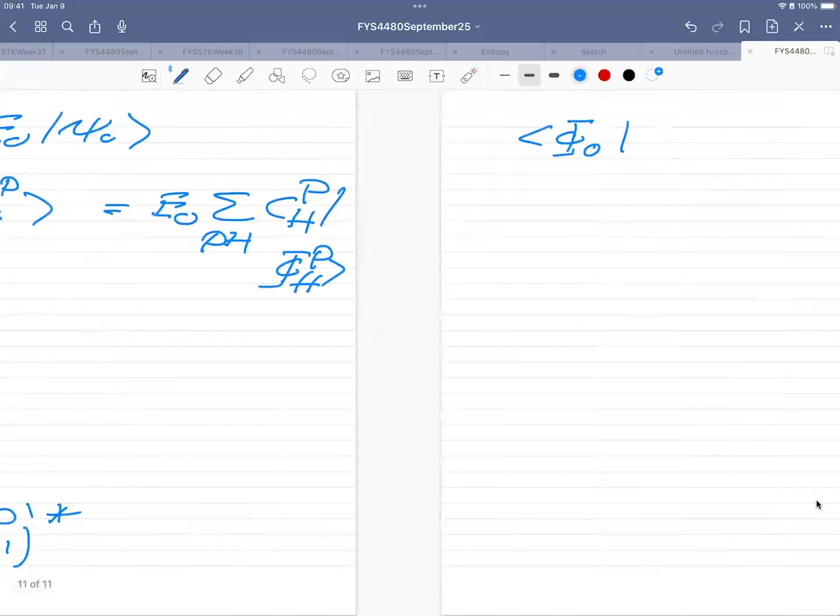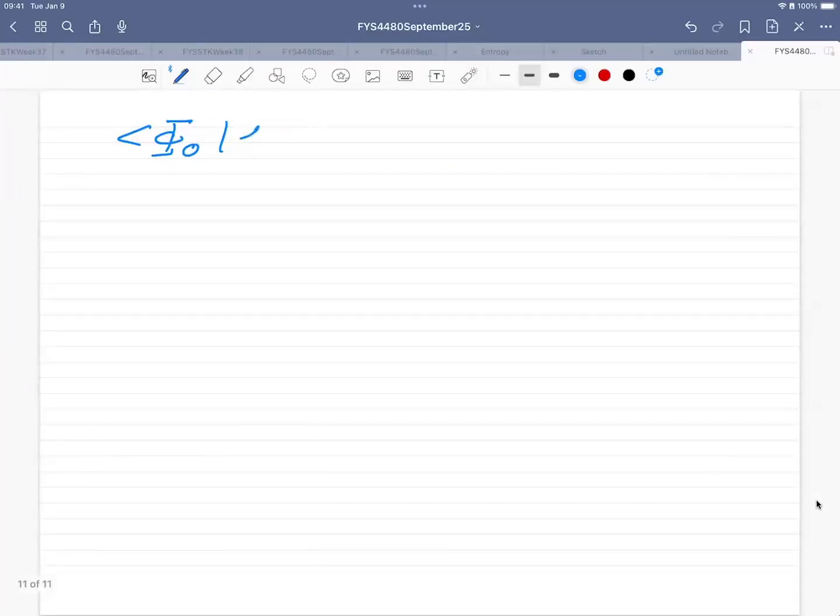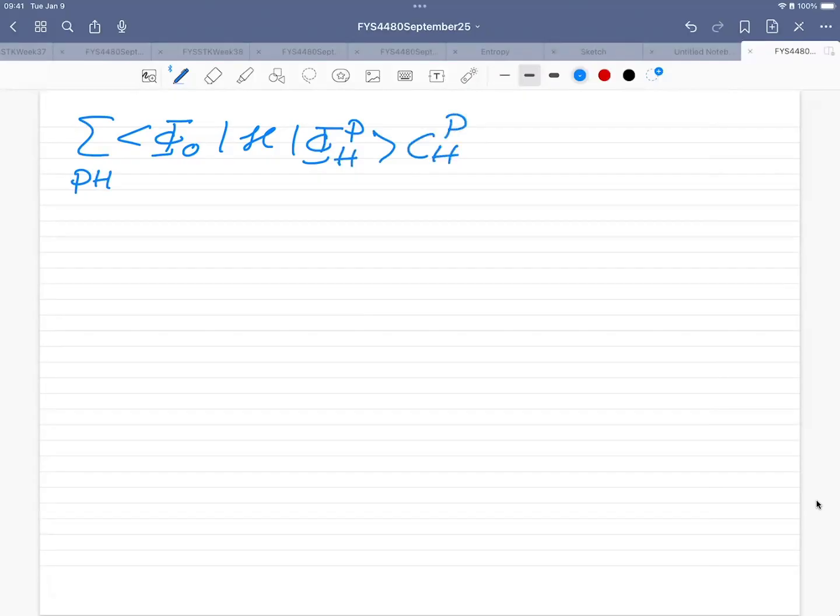If we do that, then we have H, and we're going to have a sum here over pH, and then we have this Φ^H_P, and then we have the coefficient C^H_P, like that. And this is equal to E0, which we can single out here.